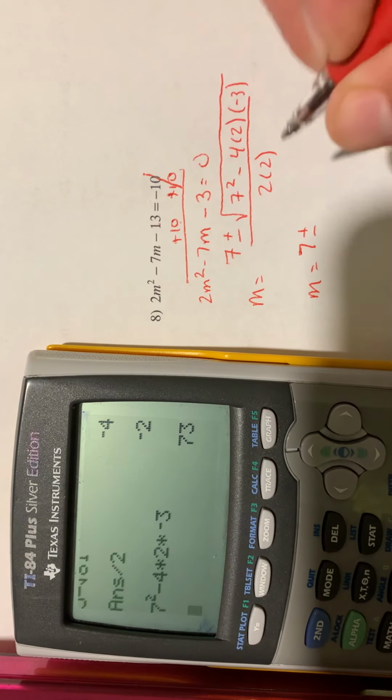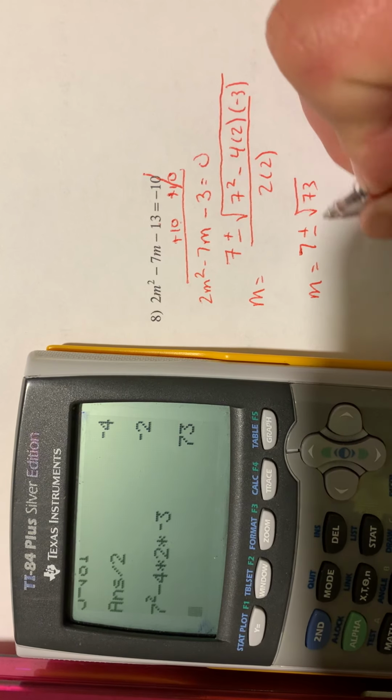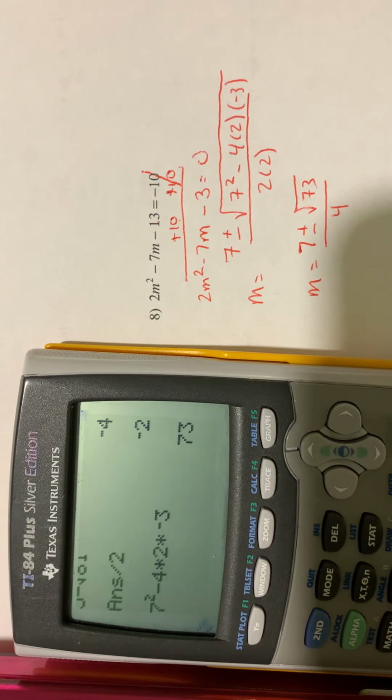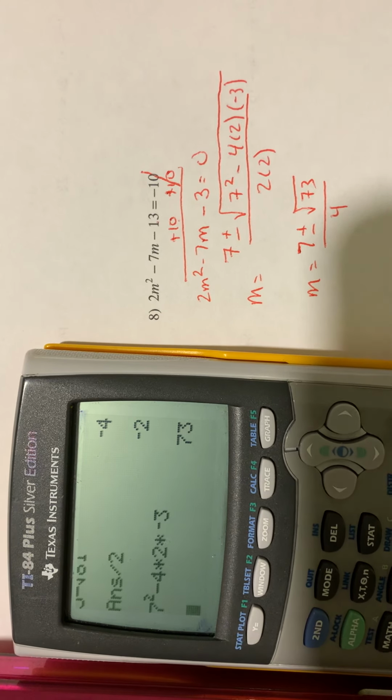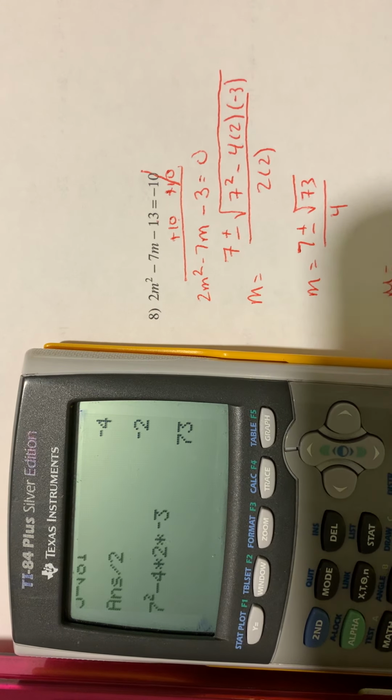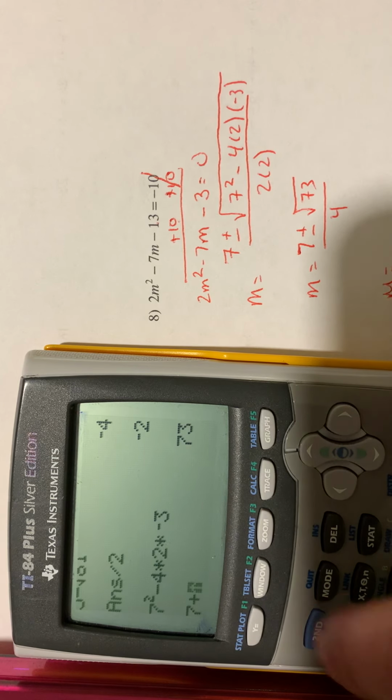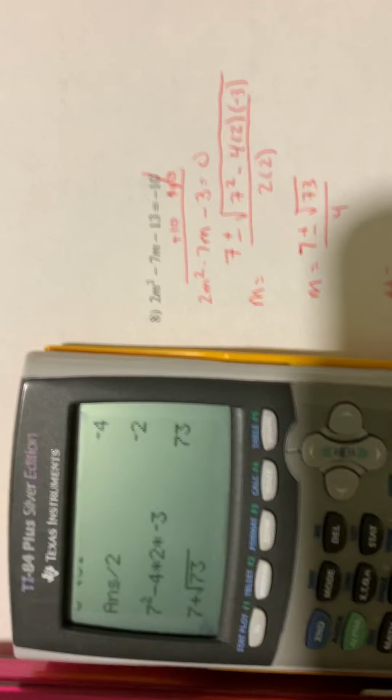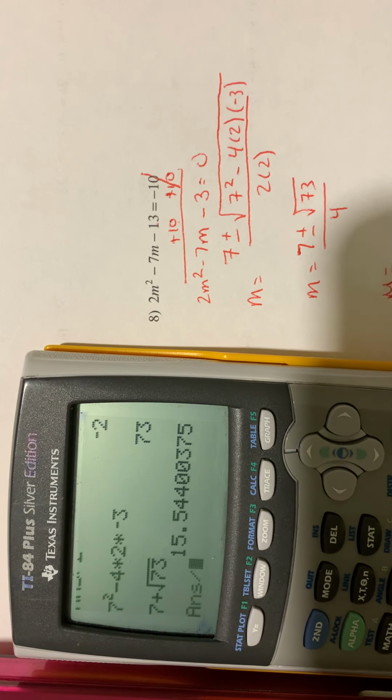So 7 plus or minus the square root of 73 over 4. So I do 7 plus the square root of 73, enter, divided by 4.